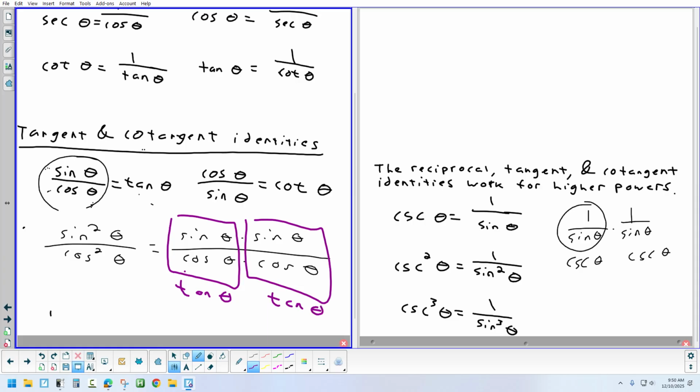And tangent times tangent is tangent to the second power. This is how you write tangent to the second power. It's just kind of a convention. They put the 2 right in the middle. That's just how they do it. But yes, it does mean the same thing as this. You just usually never see it the way on the right, even though that's how you would normally think of raising something to the second.